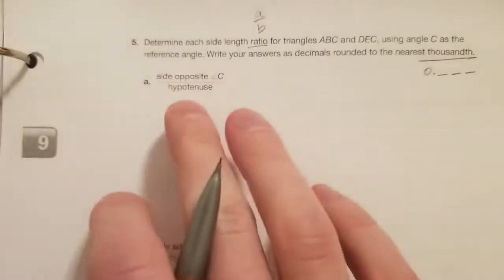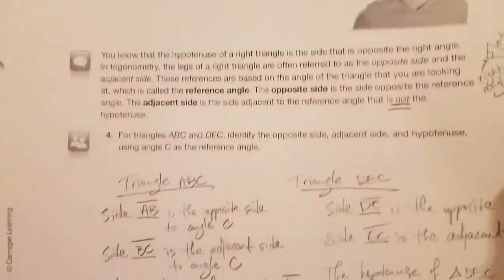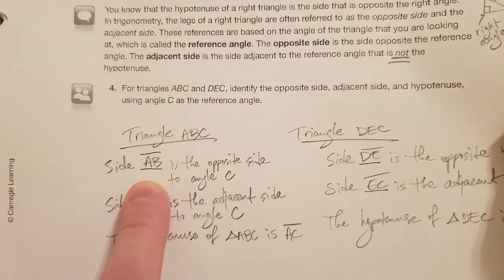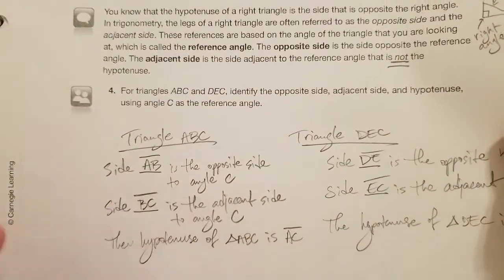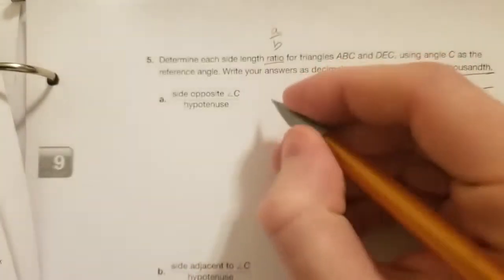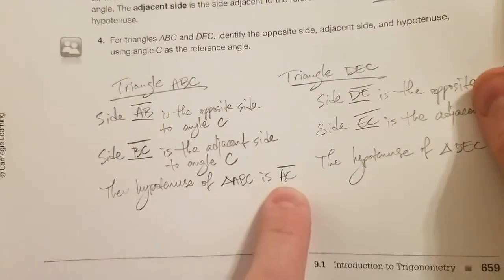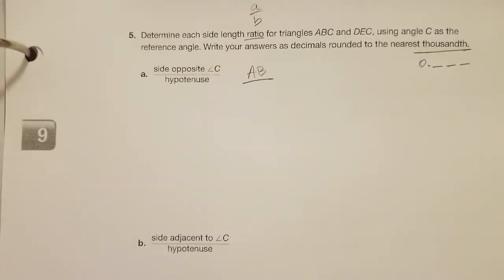Okay? We want the side opposite of angle C divided by the hypotenuse. So let's go back and say, down here we have AB is the opposite to angle C, so I'm going to be dividing AB over the hypotenuse, which we said was AC. So I want AB over AC.